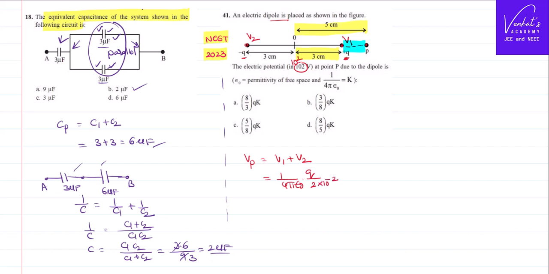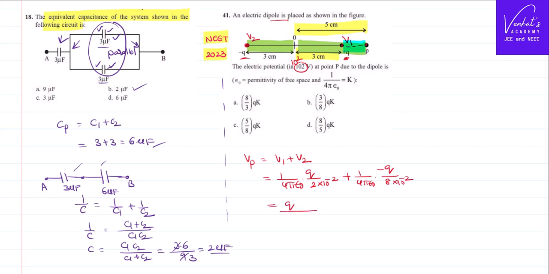Plus potential due to the other one, 1 by 4 pi epsilon naught. This is a minus charge, so I have to take it like minus q. Then the distance from here to here is 3, and from here to here is 5. Altogether that is 8 centimeters. Of course, centimeters has to be again converted into meters.